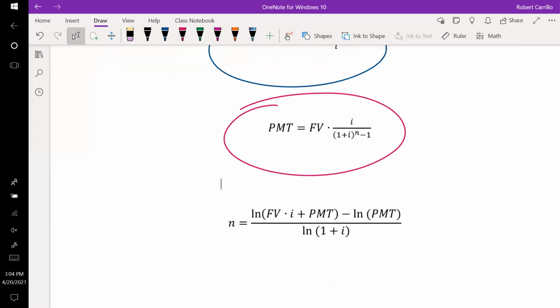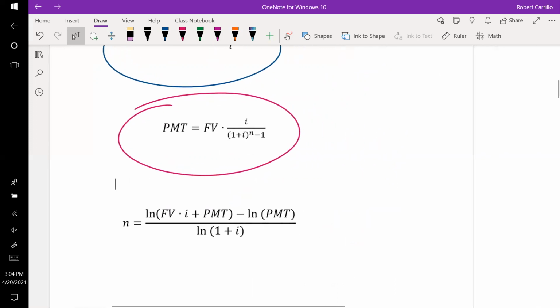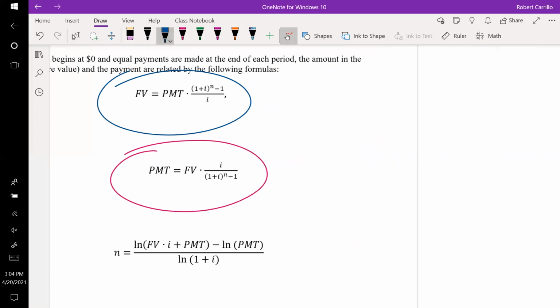N equals the natural log of (the future value times I plus payment) minus the natural log of payment, over the natural log of 1 plus I. Remember that for all of these formulas, I is always the rate over the number of compoundings, so I is always R over M, and N is always the number of compoundings times time. So that sums it up.